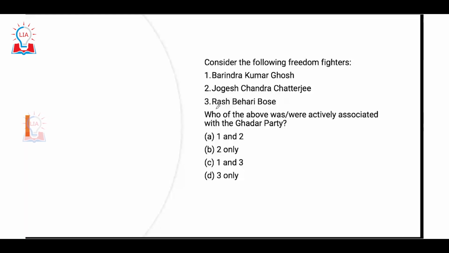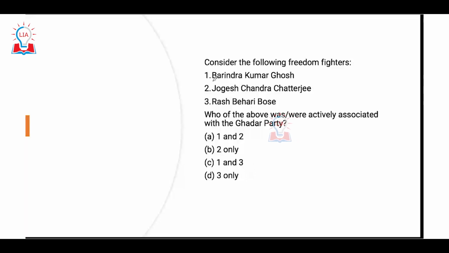One very much familiar name would be Rash Bihari Bose, which is also mentioned in your Spectrum and also the NCERT. So 3 is something that should be there in your answer. So you can eliminate option A and option B. You can just have C and D in consideration. So C and D have 3 in common. So the first option will decide whether you'll be going with the C option or with the D option.